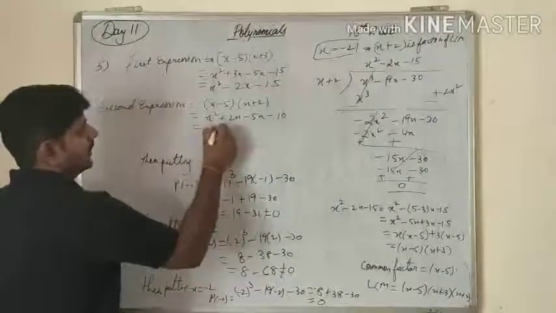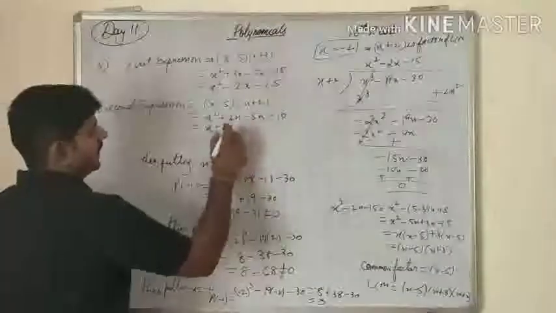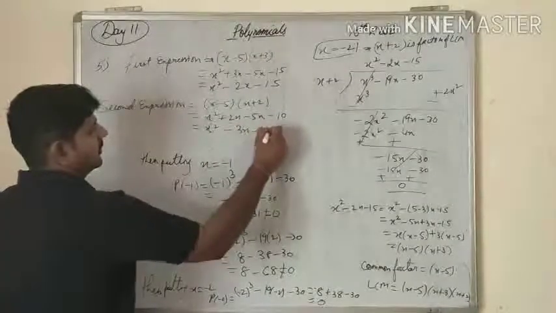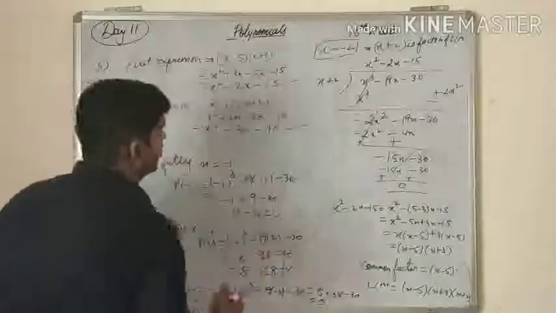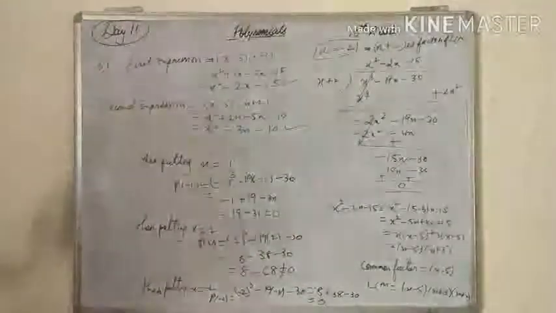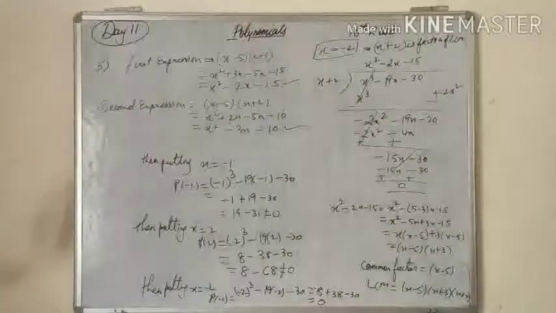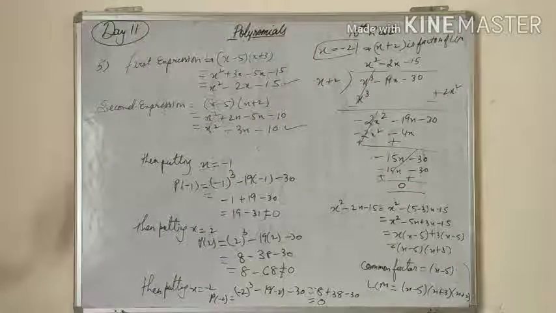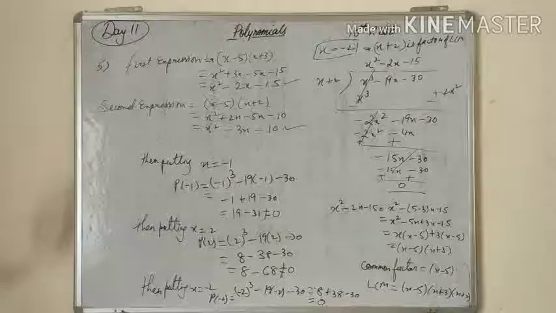So x square minus 3x minus 10. These are the expressions which were asked. Please write it down. This much is the question: x square minus 3x minus 10 and x square minus 2x minus 15.